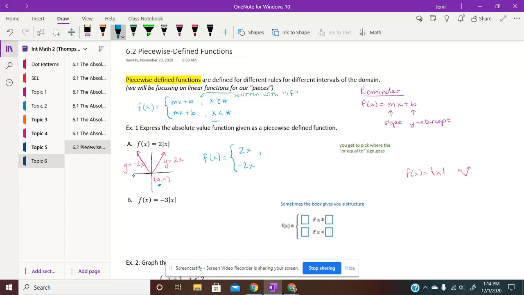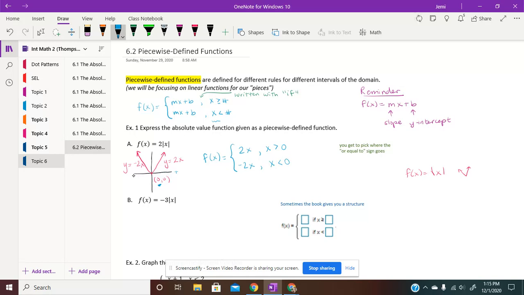It's 0. So over here, this is where the positive numbers are for x. So this is going to be x is greater than 0. Well, in this case, I have y is equal to negative 2x when x is less than 0.